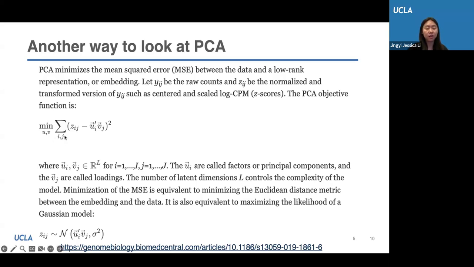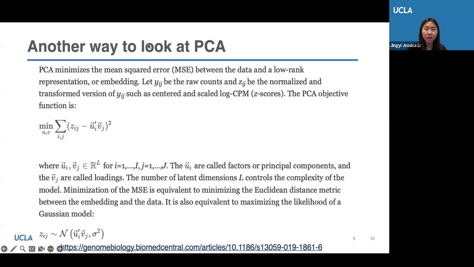So what the author is arguing here is that this loss function, to minimize the square loss, is equivalent to maximizing the likelihood of a Gaussian distribution where the mean is just the inner product. This is a well-known fact, just as in linear regression, the least squares solution is equivalent to the maximum likelihood estimator of a Gaussian distribution.